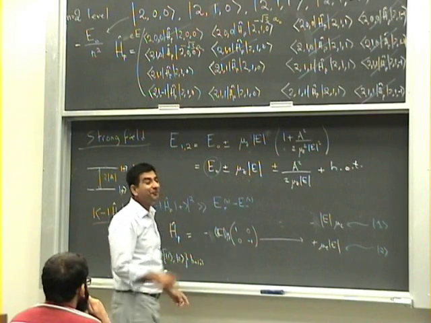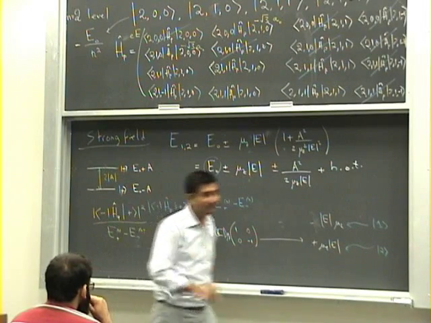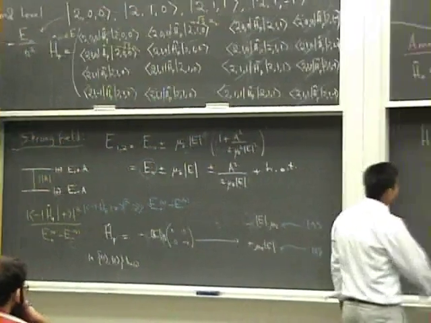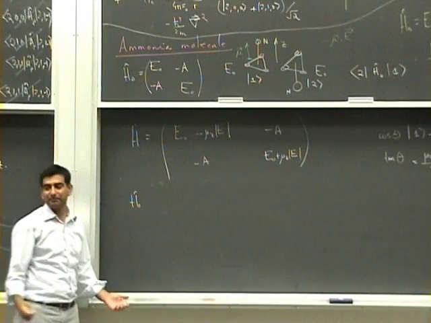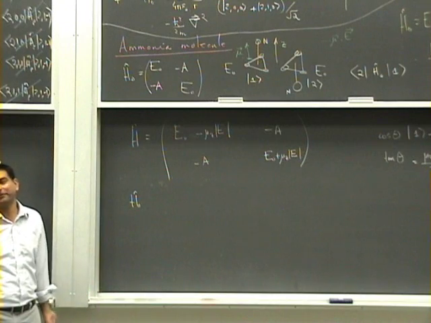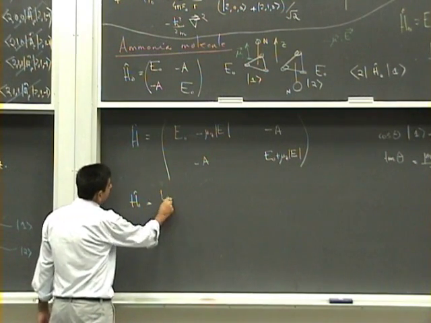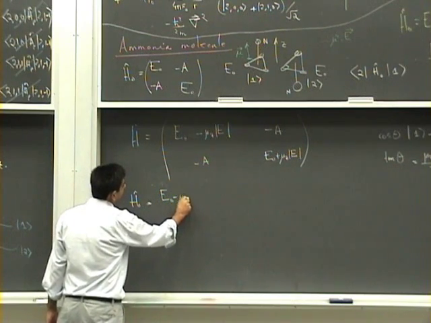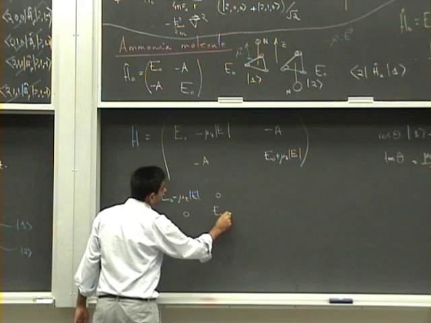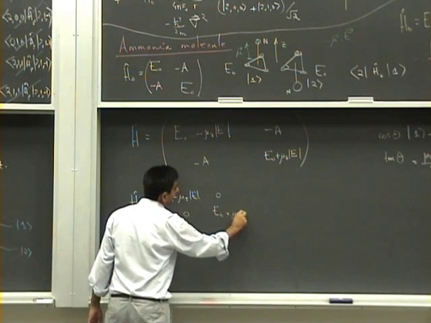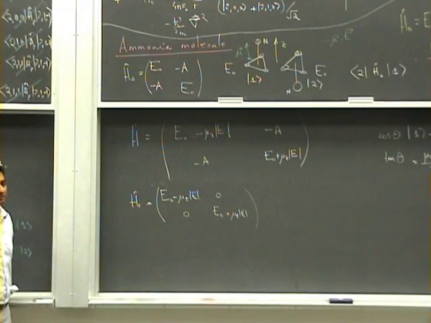However, it's also possible to use non-degenerate perturbation theory here. And how do we do that? We can break up this Hamiltonian in any possible way we like. We can break it as H naught equals E naught minus mu G E, 0, 0, E naught plus mu G E. Let's call this H naught.